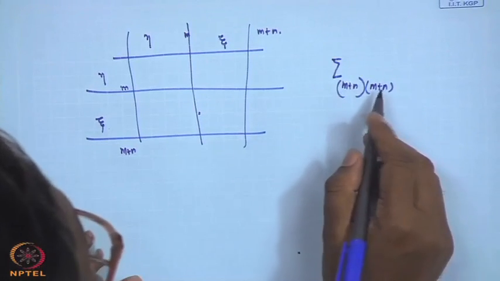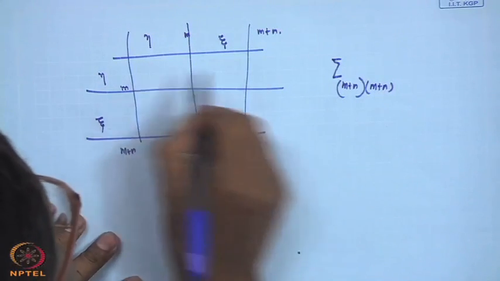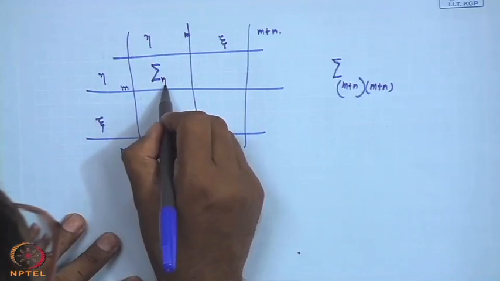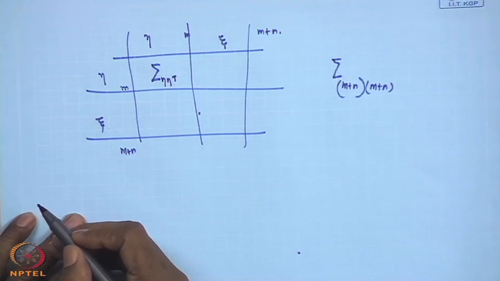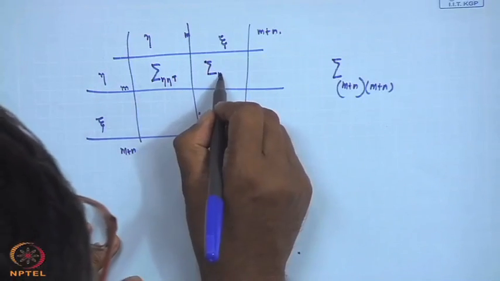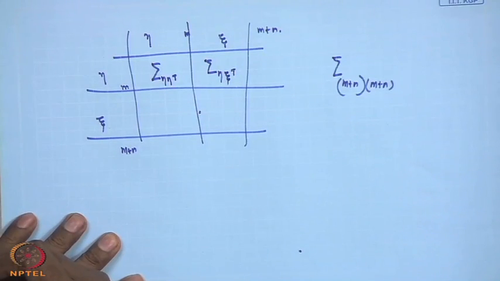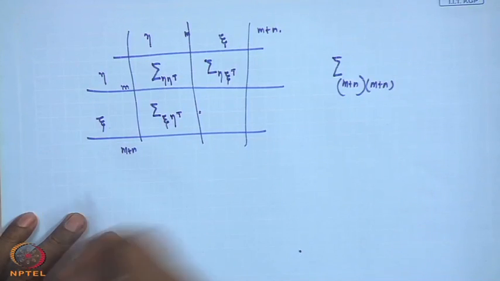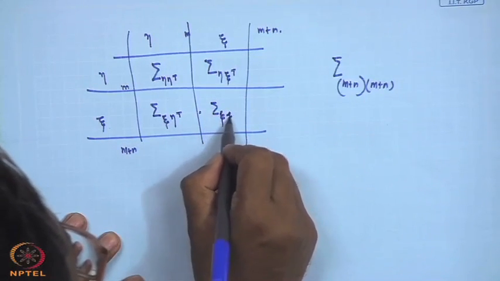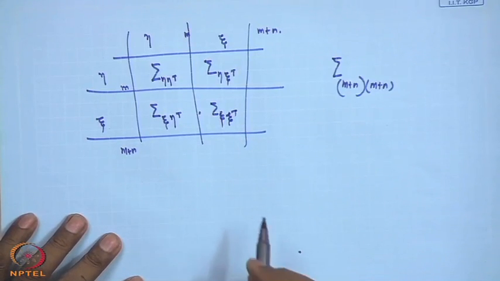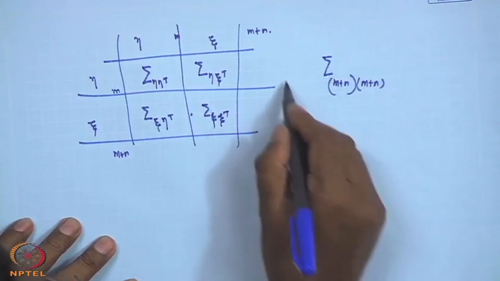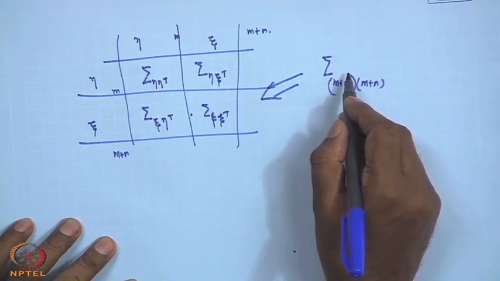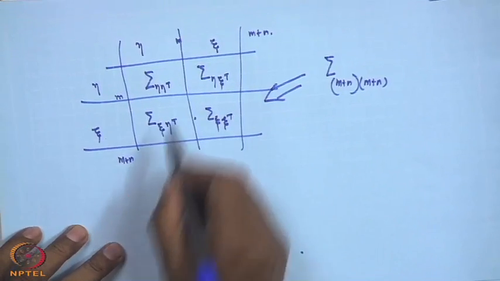This matrix we are partitioning into 4 parts. One is this, which is related to eta only, eta eta transpose. This one eta xi transpose, this is another matrix. This one xi eta transpose and this one xi xi transpose. So, this is nothing but the sigma, the total covariance matrix, partitioned into 4. Now, what does it signify?